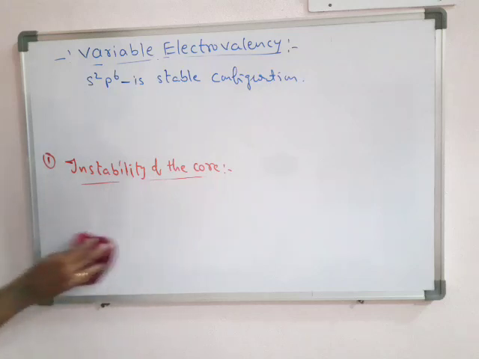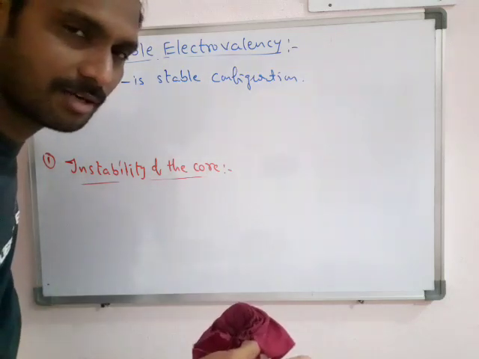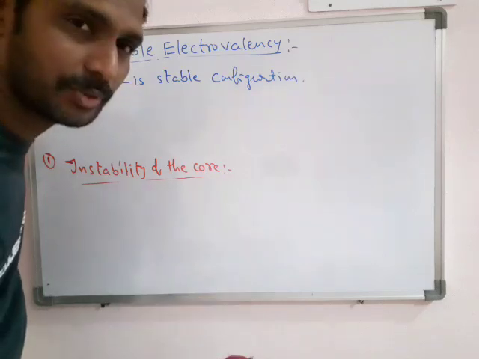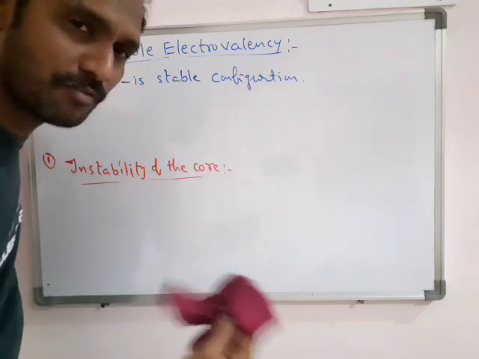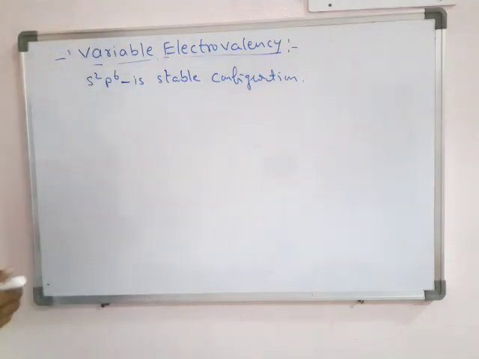But now the time comes when, due to instability of the core, the configuration after electron loss is not stable, so they try to lose one more electron.